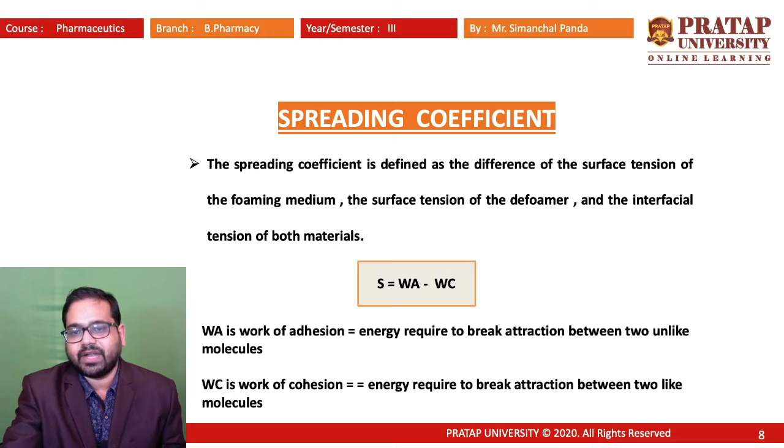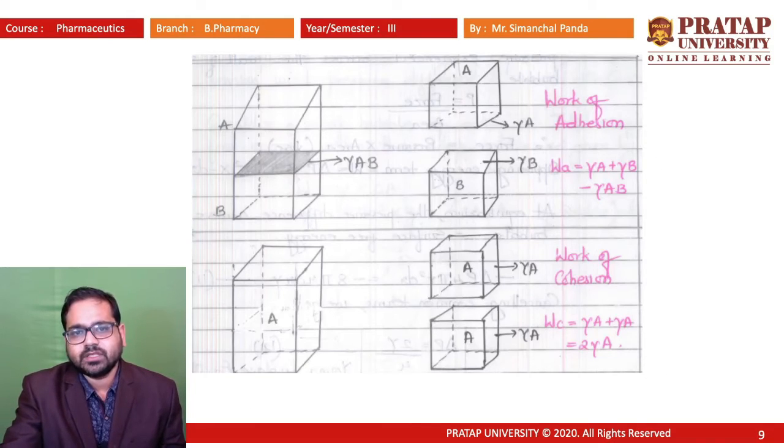Whenever there is an attraction force between molecules of the same phase, that is the cohesive force. If there is attraction between two molecules of two different phases, it is known as the adhesive force. So we are calculating the spreading coefficient. In this diagram we have two cubes.